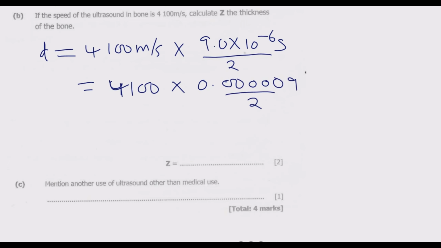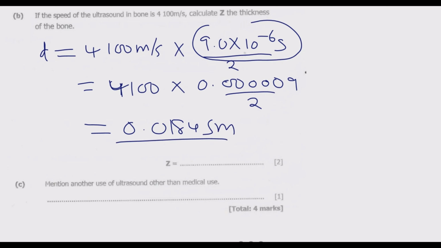Simplifying this, we end up with 0.01845 meters, or 1.845 centimeters. So this is the value of Z.